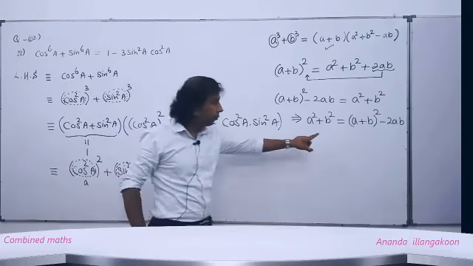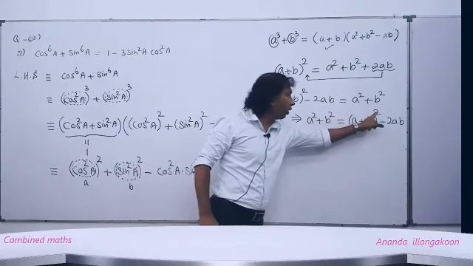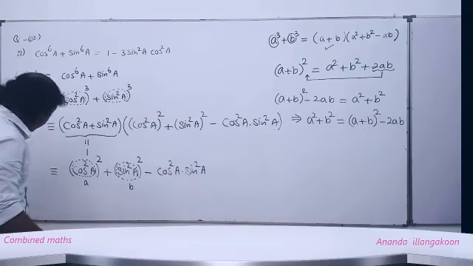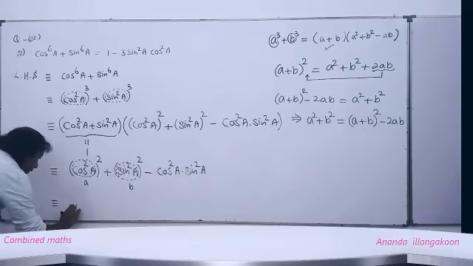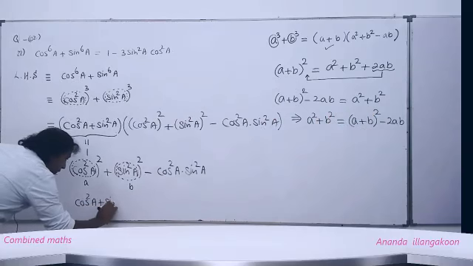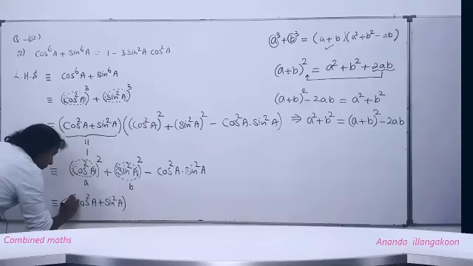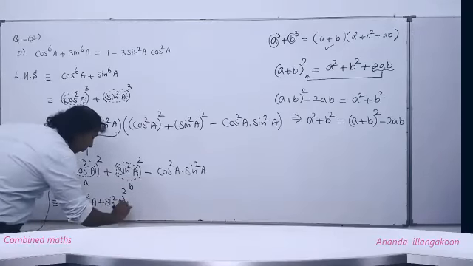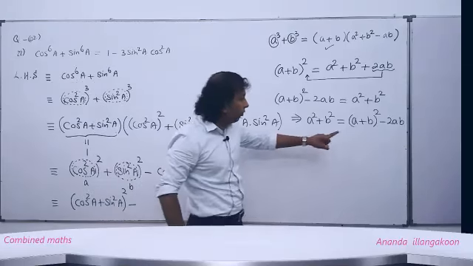Okay, this 2 and this 2 you can take out, leaving A plus B within the bracket. Then you get what, people? Cos square d plus sin square d to the power 2 minus 2ab.